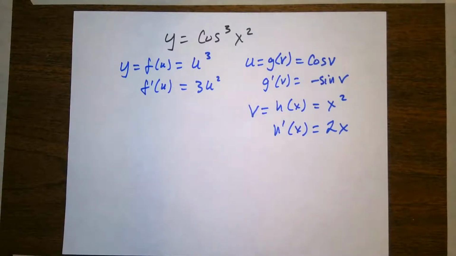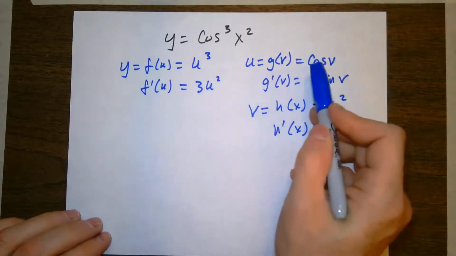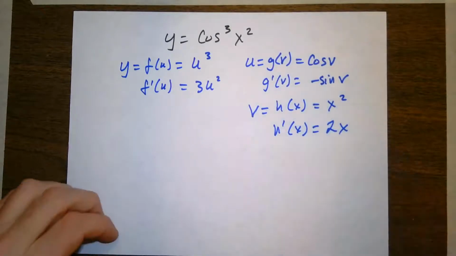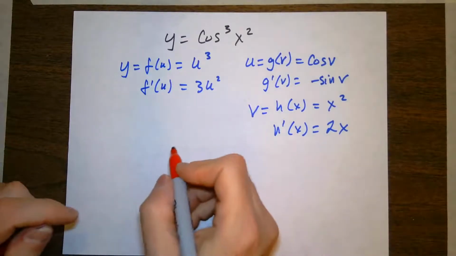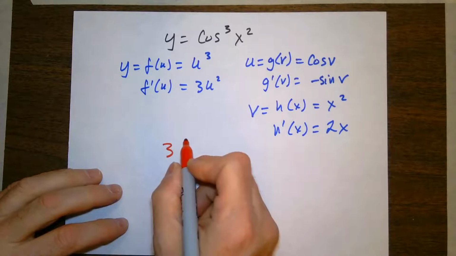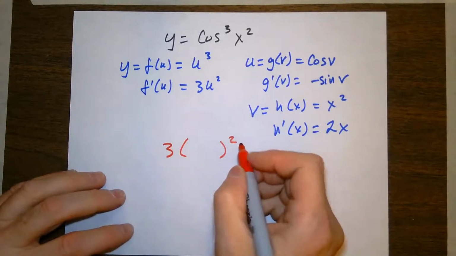So when we do the derivative of this, I'm going to put all of this together. I'm going to have 3 times u squared. Well, what's u? It's this. And the derivative is this. So putting it all together, I'm going to have 3 times my u squared. And what is the u?